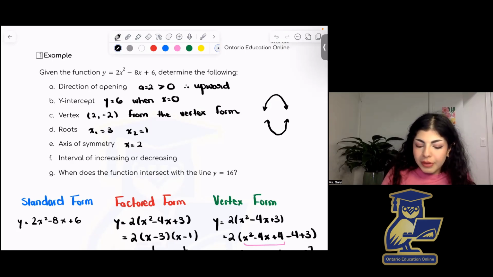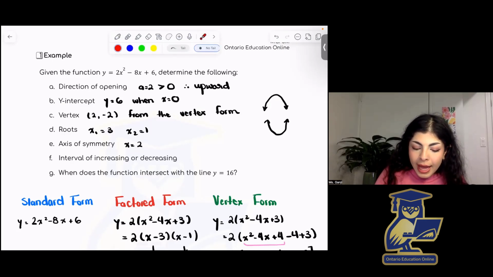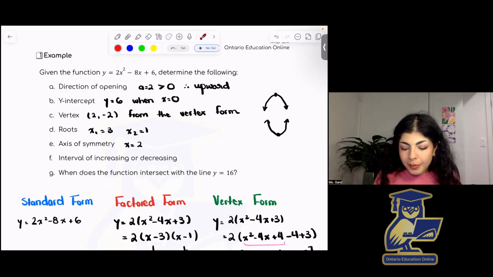So for purposes of analyzing, I can just use these. If I have a vertex here and a vertex here, all the values leading up to the vertex are one of the intervals. Our turning point is always the vertex, and the other side of the parabola is your other interval.